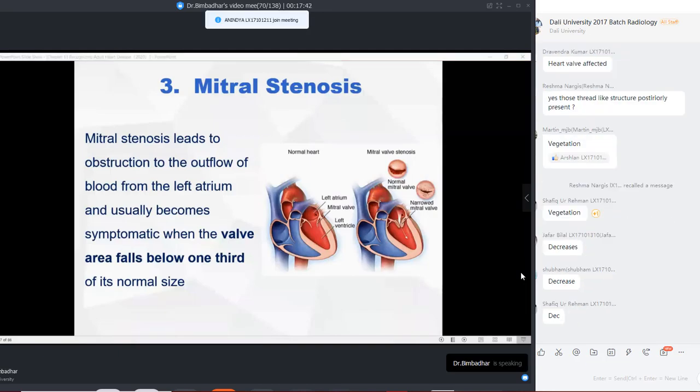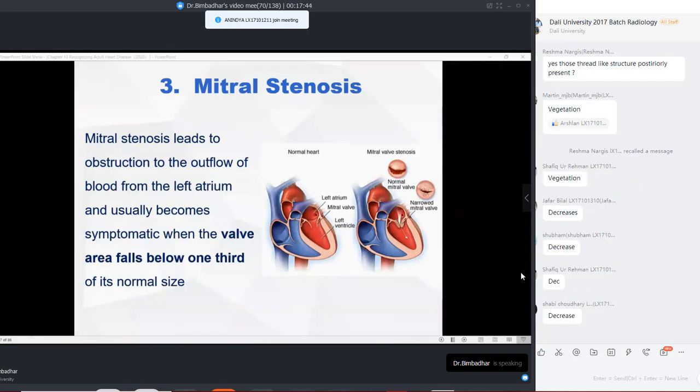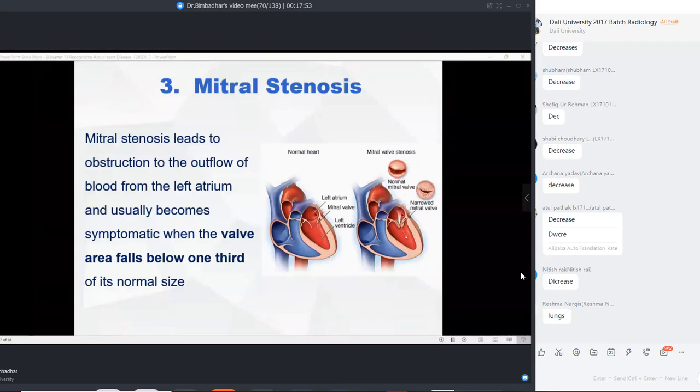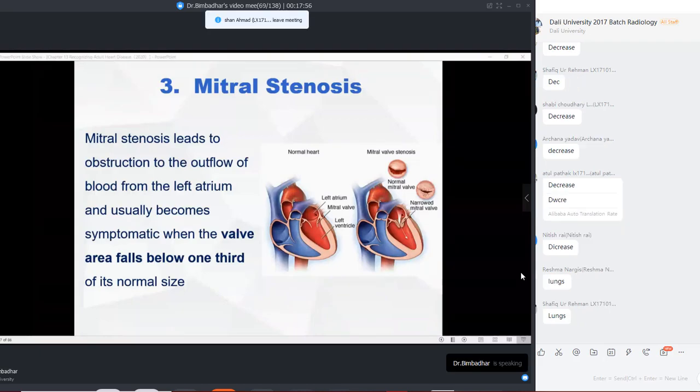The amount of blood entering from the left atrium to the left ventricle decreases. So where will there be eventual pooling of the blood? The eventual pooling of the blood will be inside the lungs.